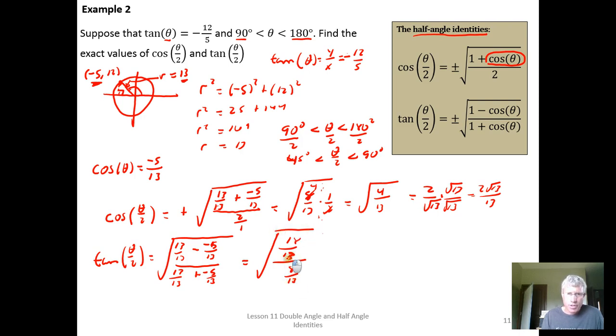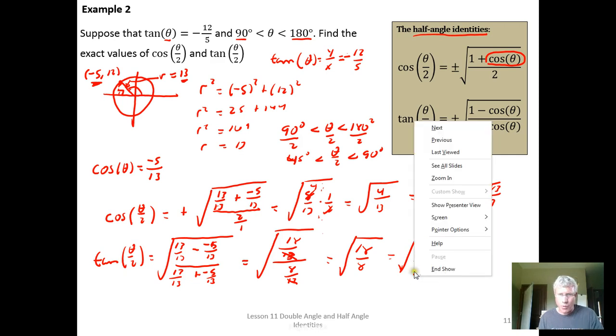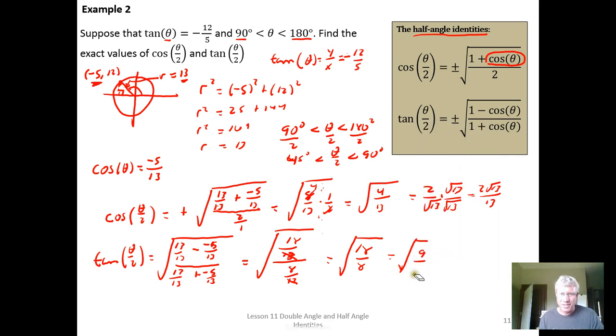The 13s are both in the denominator, so 13 divided by 13 is 1. We wound up being left with the ratio 18 over 8. 2 will go into both of these evenly, reducing it to 9 over 4. Sorry, I'm already simplifying. And this is going to equal 3 over 2.